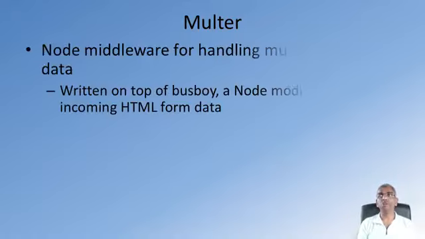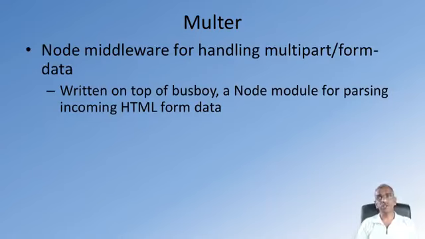It'll automatically extract everything for you and then load it onto two objects on the request object on the server side. So this npm module is called Multer, which when installed on your server-side application, and you configure your Express server to use Multer, then you will be able to process the incoming request message that contains this multipart form data in the request message. So Multer is the node middleware that will help the server handle multipart form data.